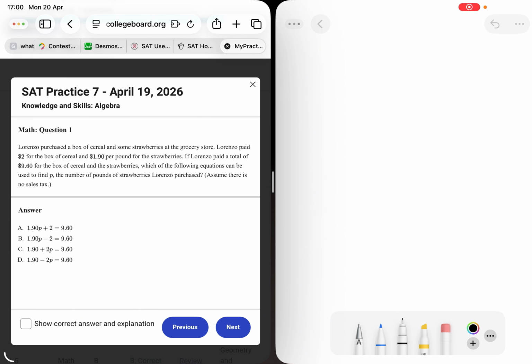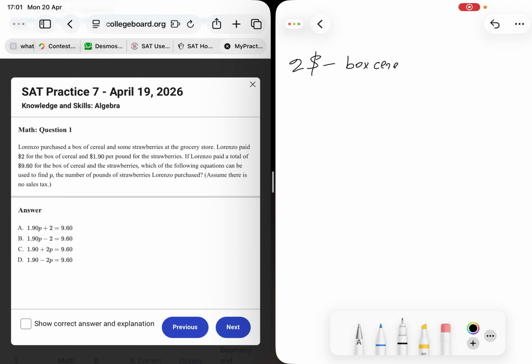Lorenzo paid $2 for the box of cereal, which means Lorenzo didn't pay $2 each for cereal, but Lorenzo paid $2 overall for the box of cereal. And we have to write it down: $2 overall for the box of cereal.